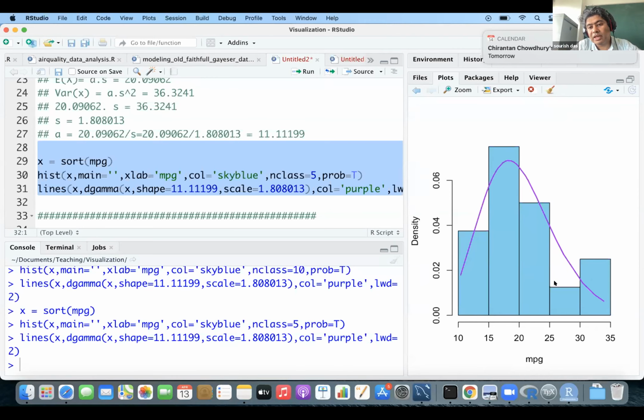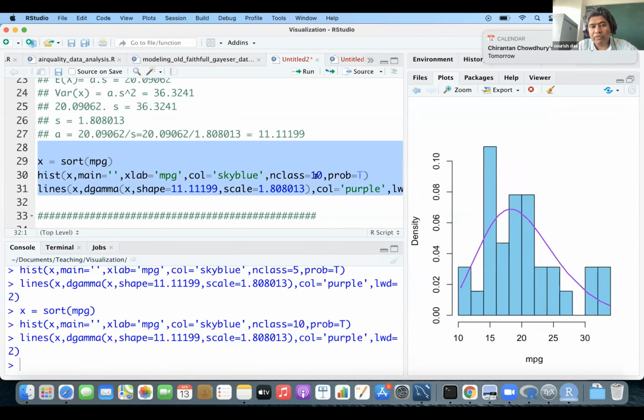Except this class has a little less, but overall it looks reasonably okay. And as if this class and this class have switched their numbers, but overall it looks pretty well. But if I increase it to 10, then it doesn't look so good. If I increase it to 15, it doesn't look good at all, or 20, even worse.